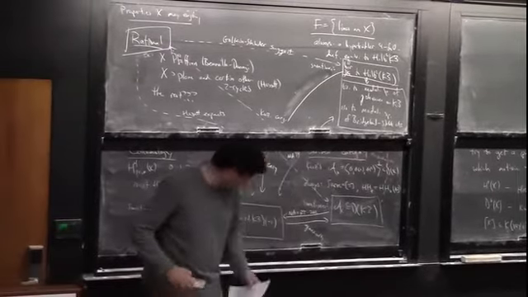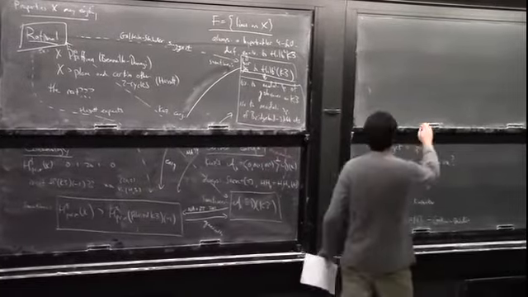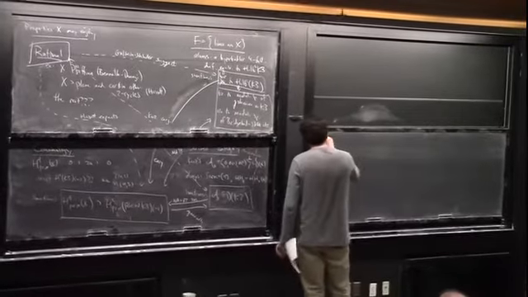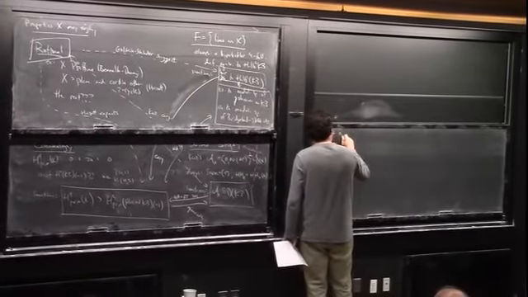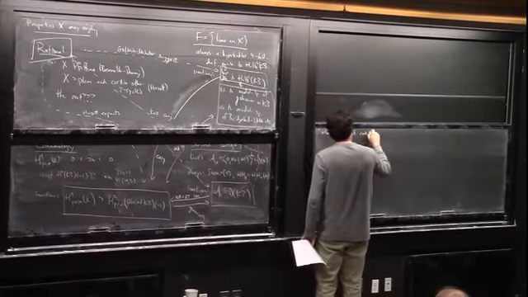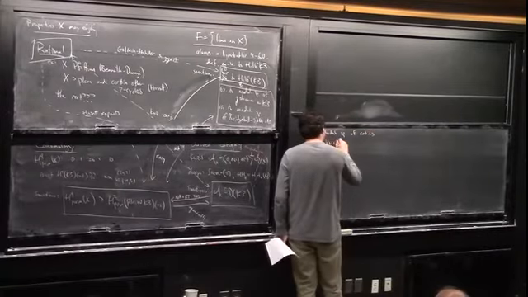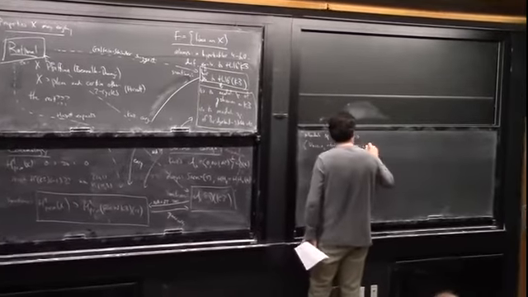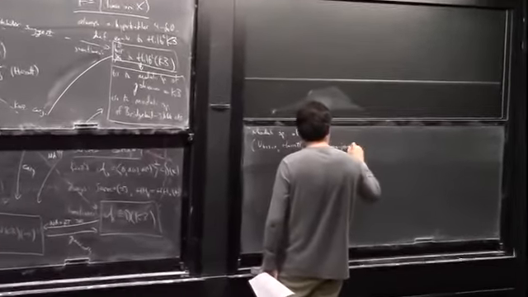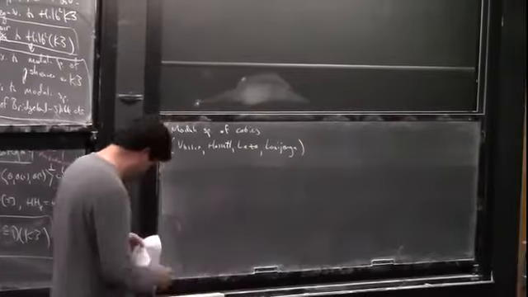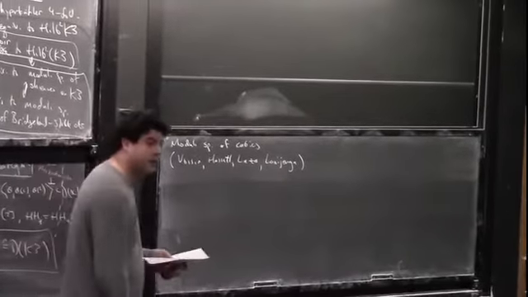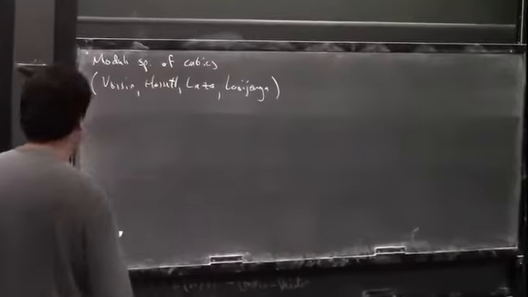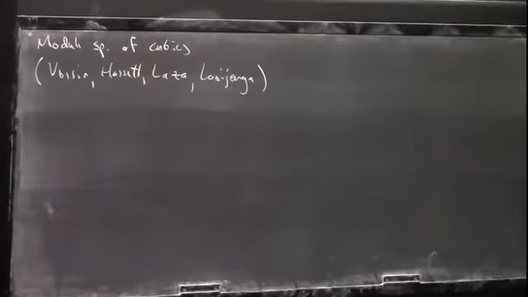So let me show you a picture of the moduli space of cubics, which some of you know, of all cubics. And this is due to Voisin, Hassett, Laza. And let me really give you, for the students, the whole lattice theoretic picture.